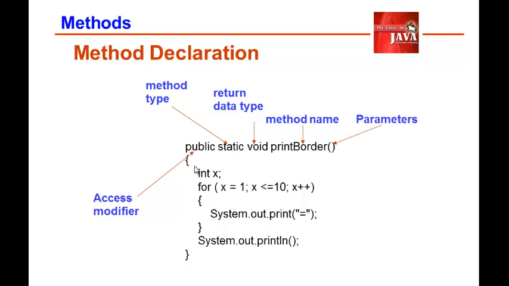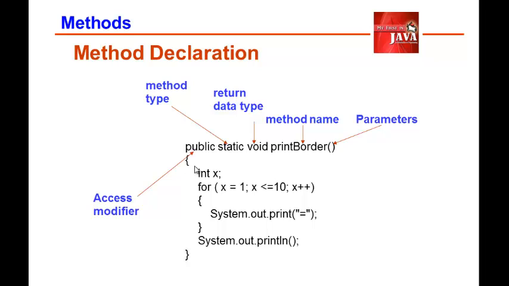Parameters. If you need to pass information to a method, you need to define the list of parameters or arguments within the parentheses. Each parameter must define its data type, separated by a comma if there is more than one parameter. You don't need to define a parameter if there's no need to pass information to the method.